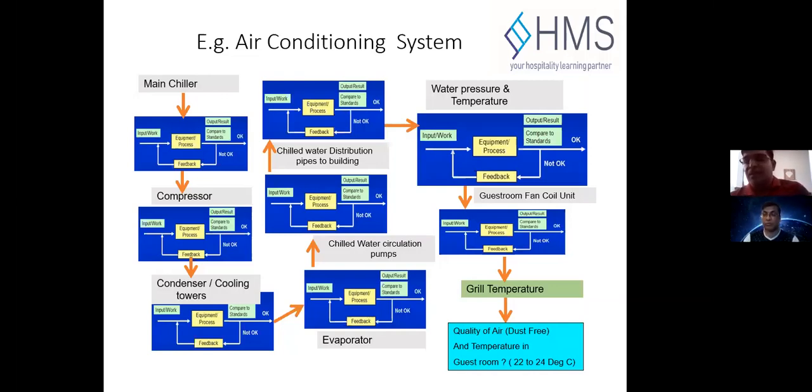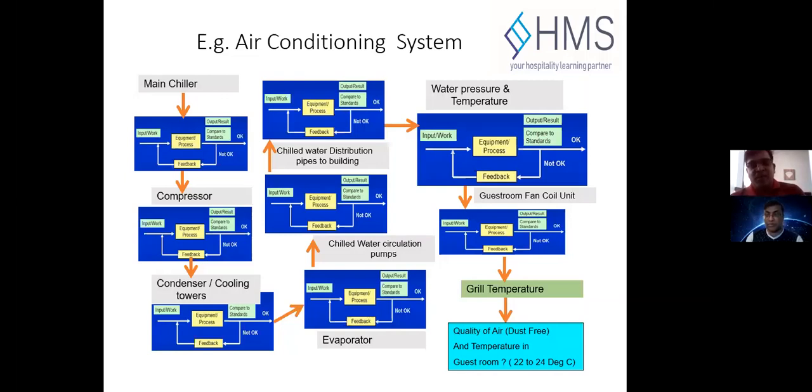Okay, what components you should have in your fan coil units, so that once the air is circulated in the room it is odor free, dust free, and maintains the correct temperature in the guest room. So that's how the circuits work in there, and every circuit has feedback.